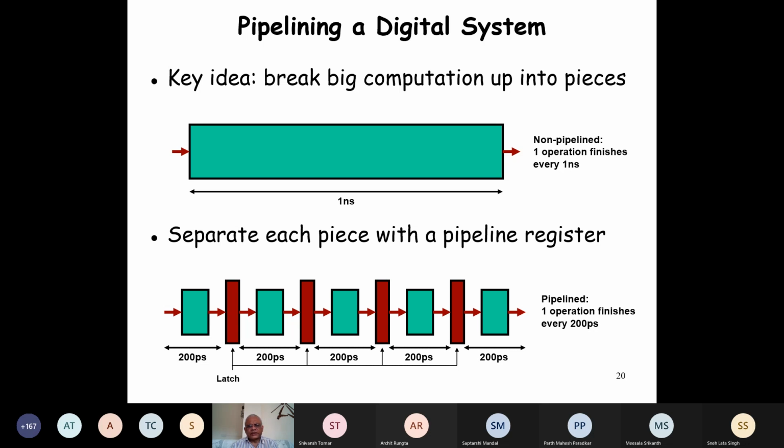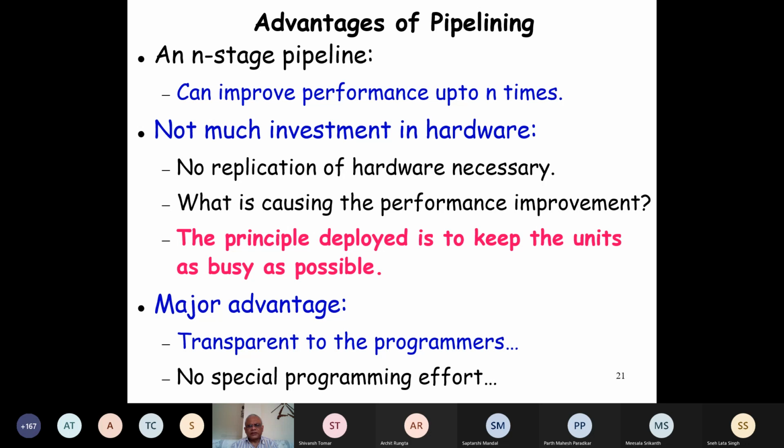But now we are keeping the occupancy rate of all the hardware much higher. They're almost always busy. So the trick here is that we are keeping the different units of the hardware as busy as possible.